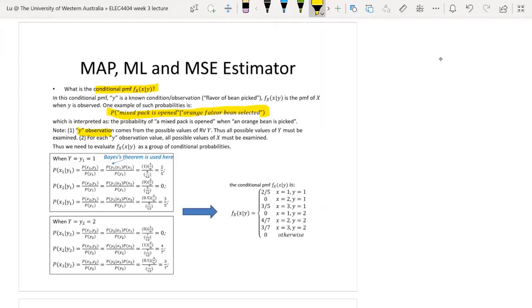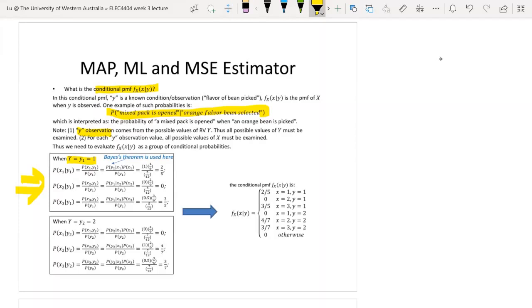Now in the next half of the slide, on the left hand side, you can see this table first. That means we already know the condition. So when y equals y1, which is equal to 1, lime flavor, you are picking up a lime flavor bean from the bag, and what are the probabilities that you opened each of the three possible tic-tac boxes?